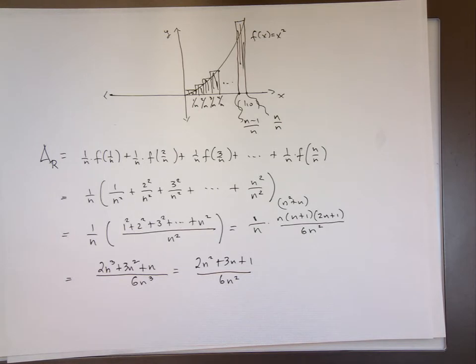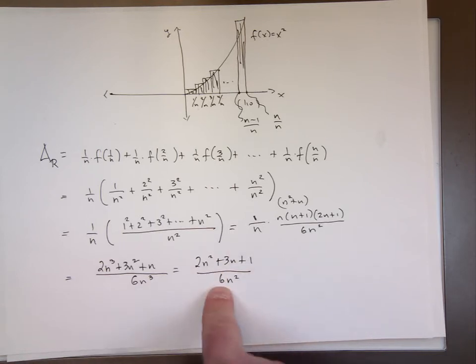Now, we did a problem where n was equal to 4. Remember, we did that a long time ago? We had 4 right endpoint rectangles. If you put a 4 in for n here, we should get the answer we had before of 15 over 32. In other words, this works for any n. Put a 4 in here and see what you get.